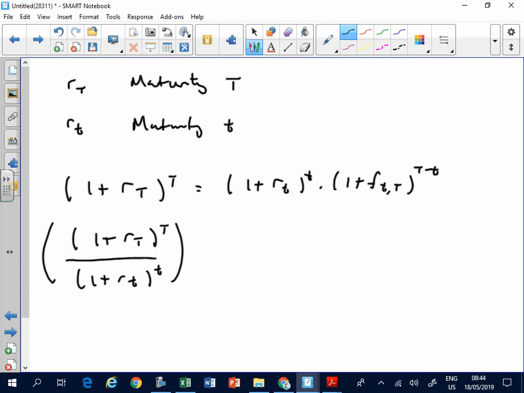Okay, so I took this term and divided it by this term. What's the exponent of this expression? 1 over T minus t, yeah? And then I subtract 1, and then I've got the forward rate. Okay? That's a generalized formula. Easy to understand. You don't need to memorize this. As long as you understand this line, you understand everything, right? Yeah?